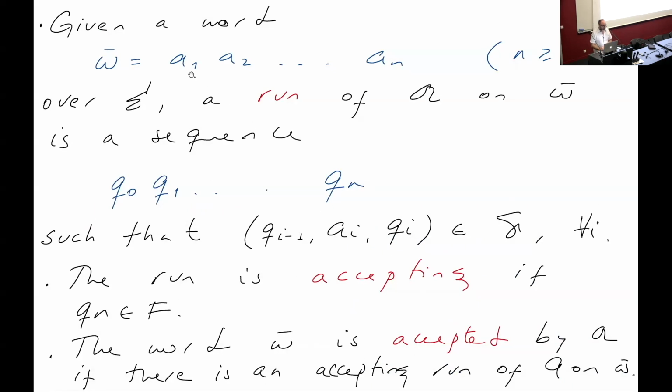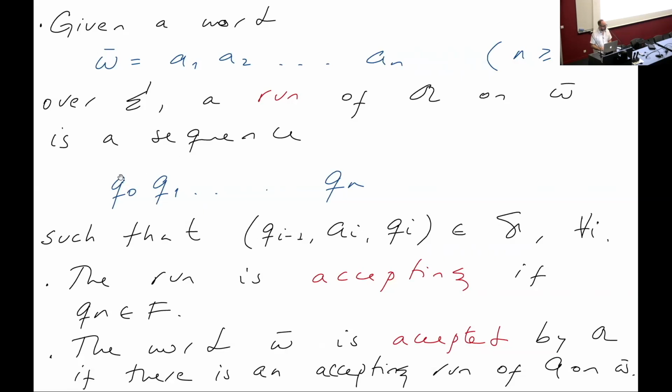So when we have a word, a1 to a7, a run of an automaton on this word is a sequence of states. This sequence of states starts in the initial state, q0, and then runs through the word, reading every letter and producing another state that is allowed by the transition relation.